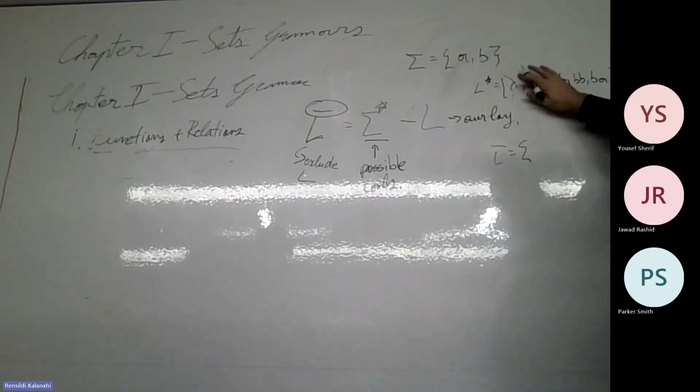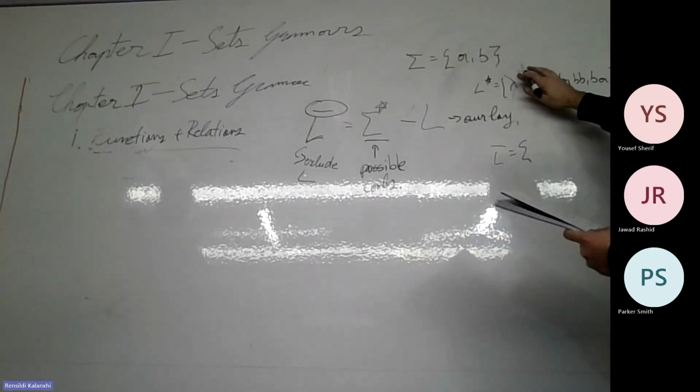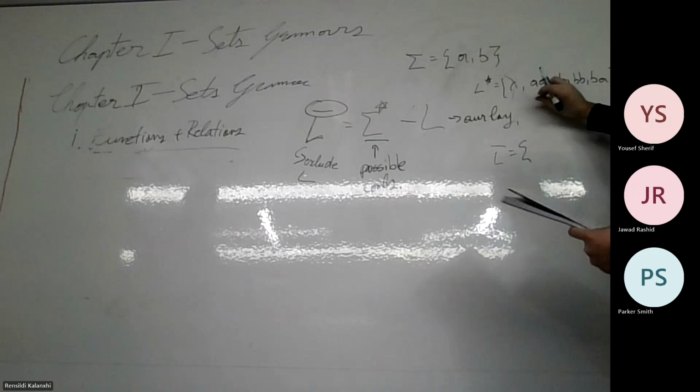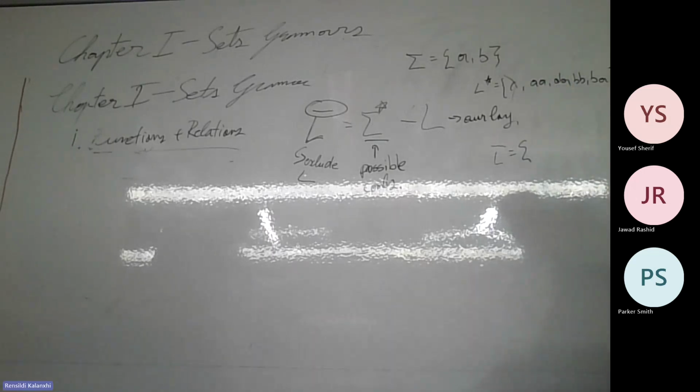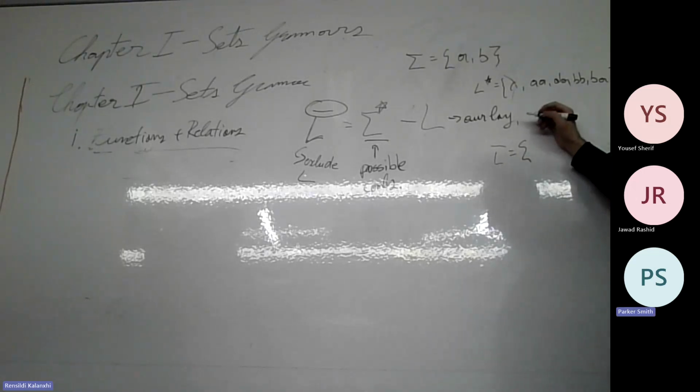We cannot remove lambda, by the way. I don't know why in my notes I have it that we are removing lambda. Oh yeah, I have it too. We have it removing lambda because, let's say, if the language contains lambda, then we have to remove it.